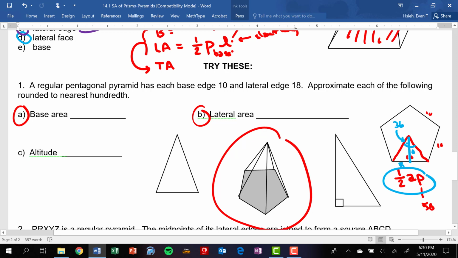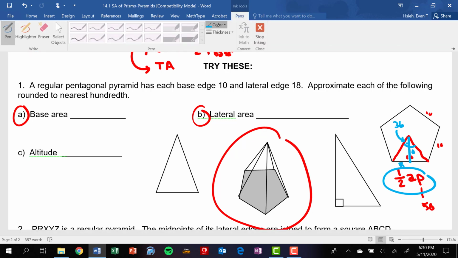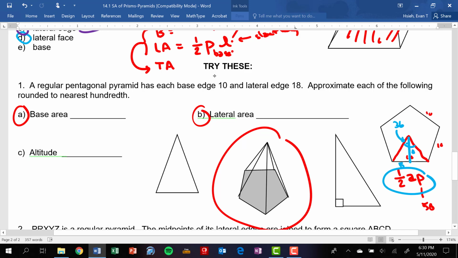To find the lateral area of the pentagonal pyramid, that's just going to be using one of these guys right here. What I would do is just find one of the areas of the triangle. I know that the base is 10. I know that the lateral edge, which is these guys right here, those are going to be 18.